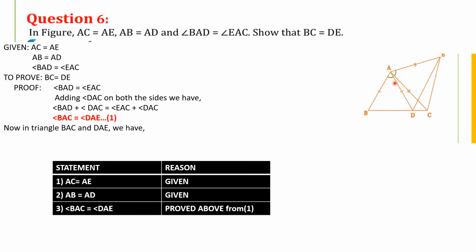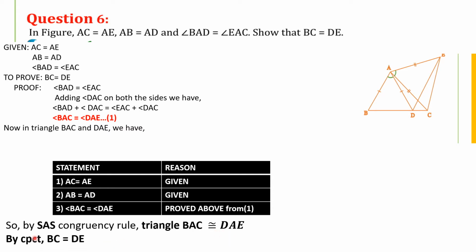First side is AB, next angle is angle A over here, and the second side is AC. So by the side, angle, side congruency rule, we can prove that triangle BAC is congruent to triangle DAE. By CPCT, which means corresponding parts of congruent triangles, we can say BC is equal to DE.